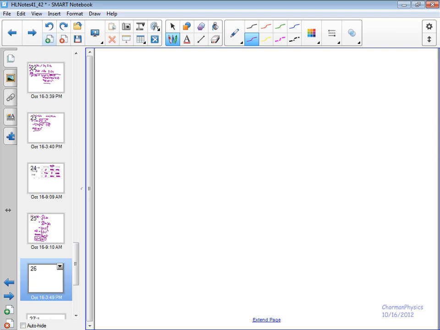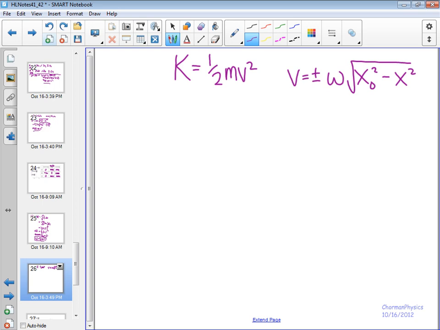The kinetic energy is a bit easier to understand. The energy stored from the kinetic energy, we know, is 1/2 m v squared. And we're going to substitute a formula in here. The v is equal to plus or minus omega times the square root of x naught squared minus x squared. There's something I want to remind you of really quickly here: omega is equal to the square root of k over m. We've already shown that. And if we solve for k, it's just equal to m times omega squared.